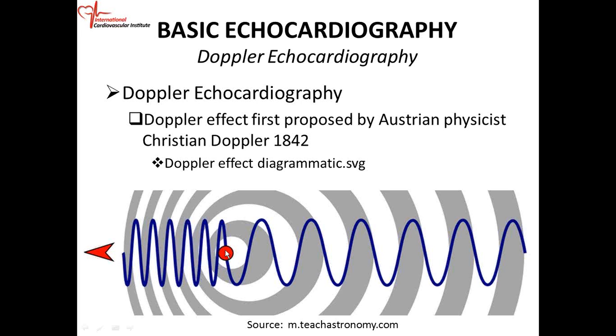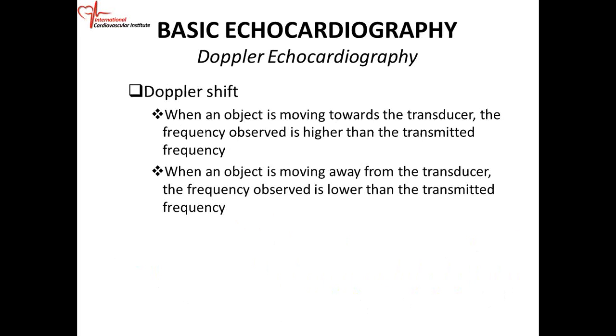Say the observer is right here. If the source of the sound is moving away, then the perceived frequency is less. And if it's coming towards you, then the frequency appears to be greater.